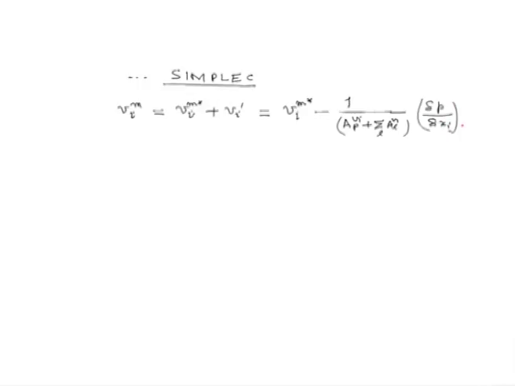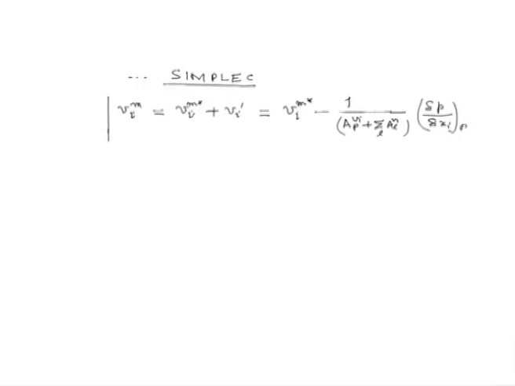So, what would the velocity be? Vi m, which we have written as Vi m star plus Vi prime, substitute for Vi prime. So, this becomes Vi m star minus 1 over APVI plus sigma L AL VI delta p over delta xi at p.